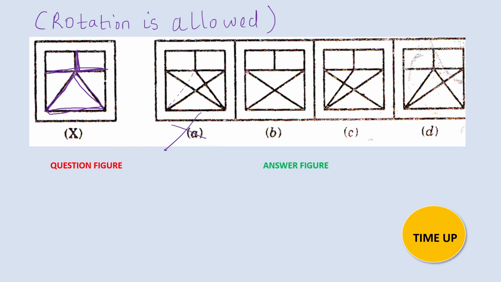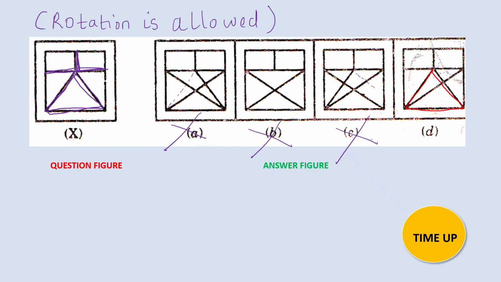Then if you see option B, you can't find a triangle here. So option B is wrong. Option C, if you see, here also another side of the triangle is not formed. So option C is also wrong. Option D, if you check properly, you can see the exact same replica of the image.